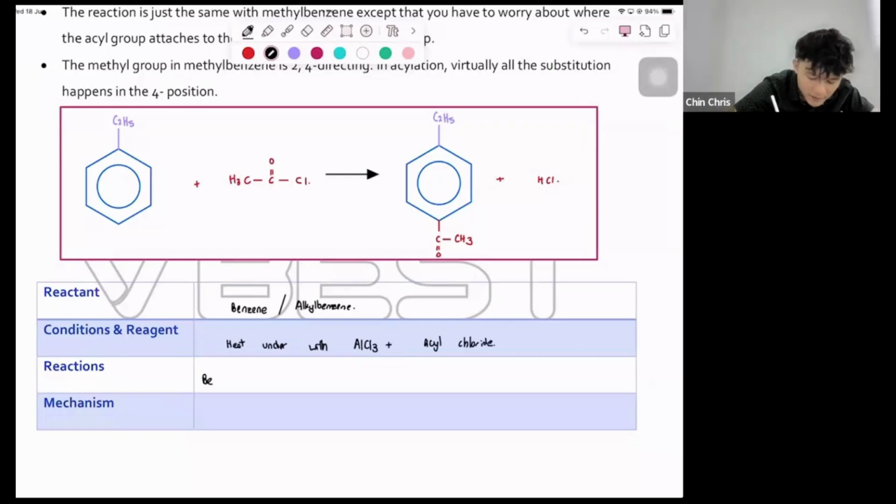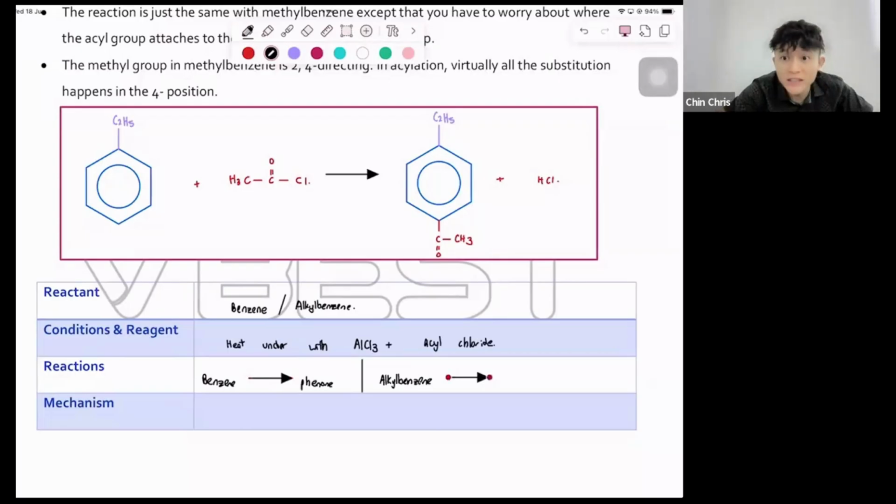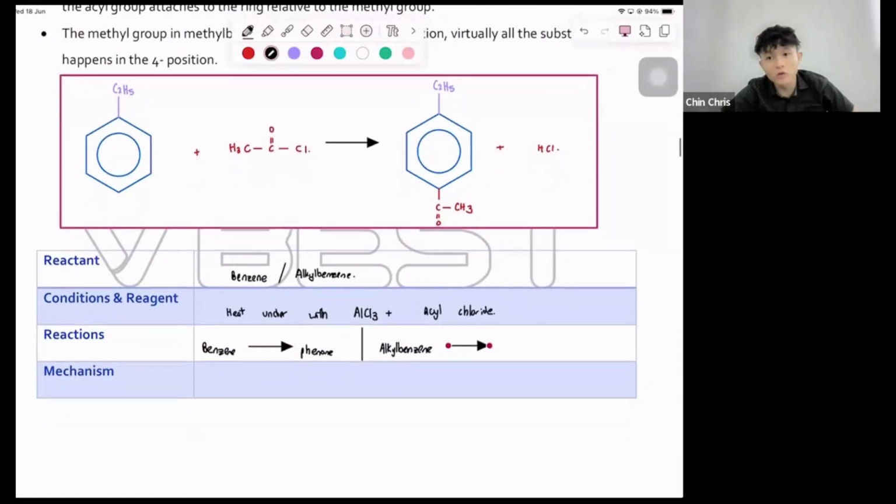So a benzene is going to turn into a phenone. Am I right? Let's say if you have an alkyl benzene, your phenone is going to go into the fourth position, right? There's no further reaction. So remember, it's going into the fourth position.